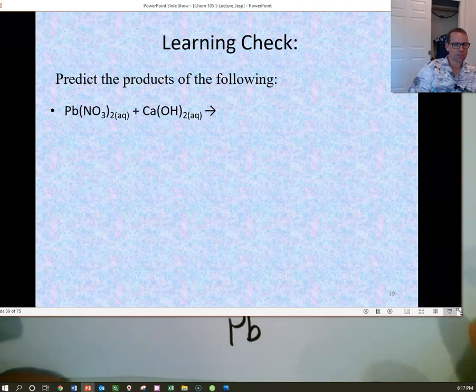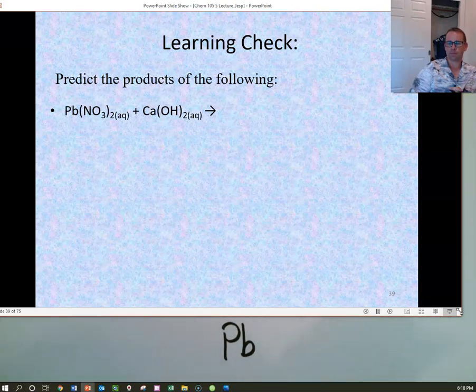Now what's the charge on the Pb ion? Okay, let me look here. It's a positive... Three? We can't tell, can we, because of its location on the periodic table.